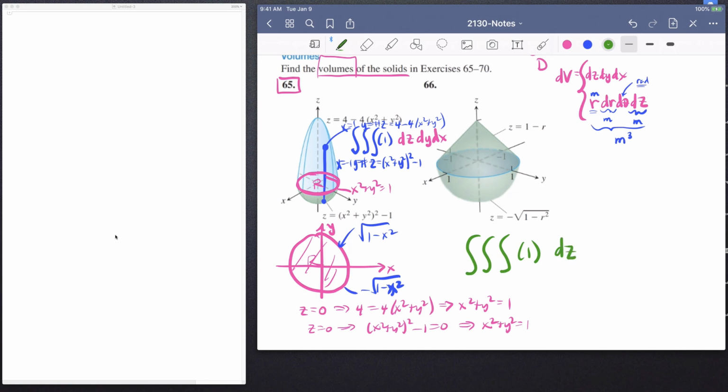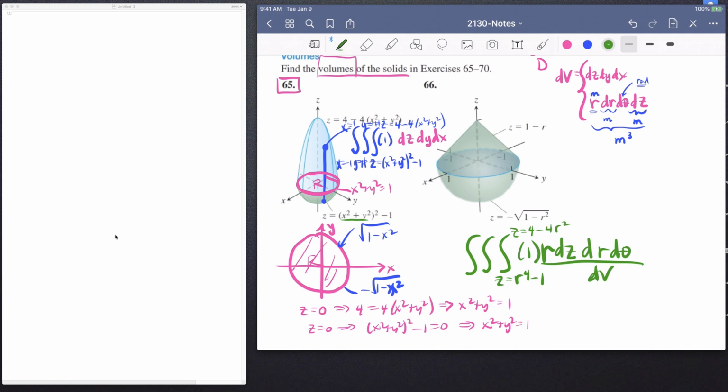So if we switch to cylindrical coordinates, we would have dz dr d theta, with r being the fudge factor to make the dV units come out to be volume units. We can see that z would go on the bottom from r to the fourth minus 1, since x squared plus y squared in cylindrical coordinates is r squared, to z equal to 4 minus 4r squared on the top.